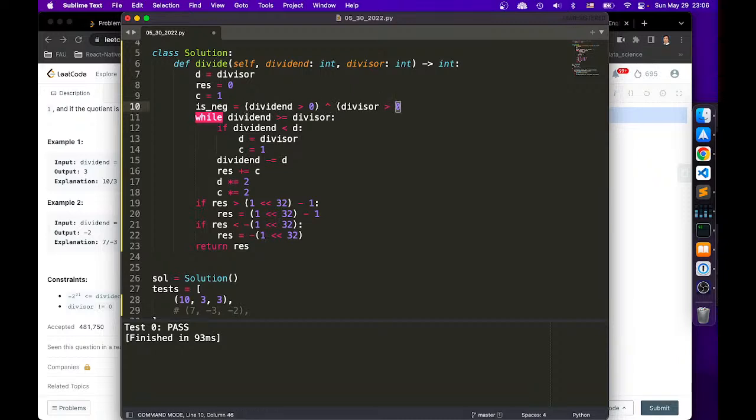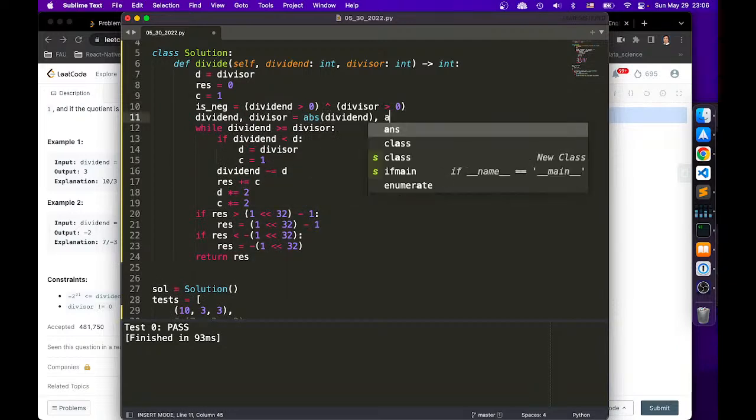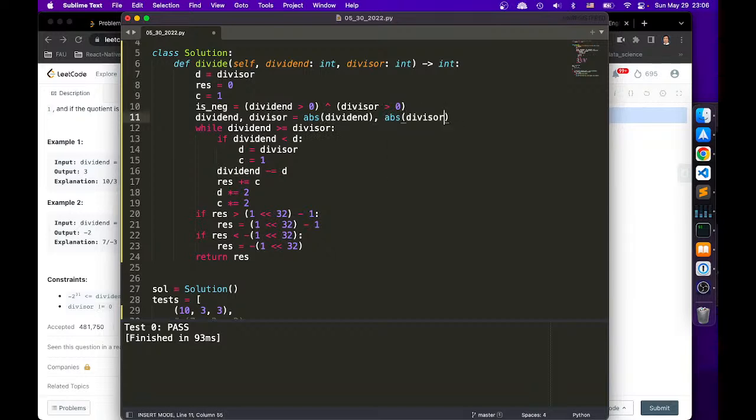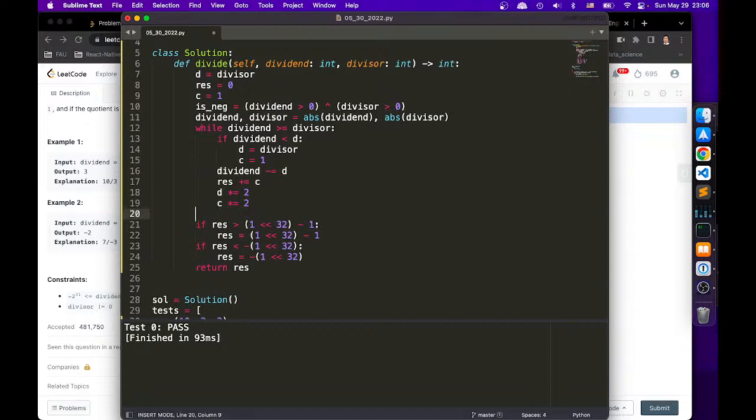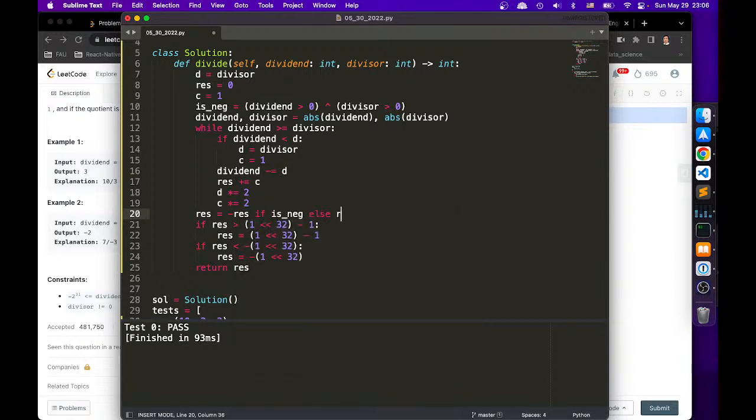Is negative, and then I'm gonna say dividend, divisor equals ABS dividend, ABS divisor. Okay, and then before we return res, I'm gonna say res equals negative res if is neg, else res.